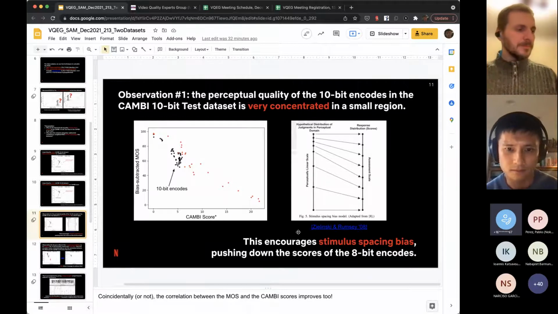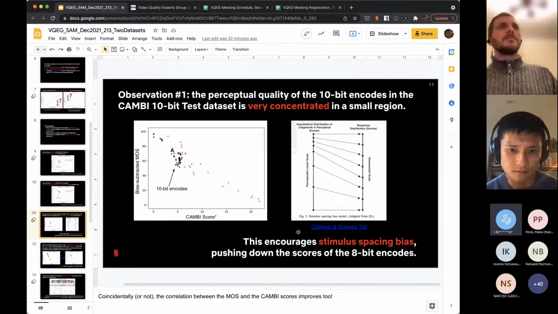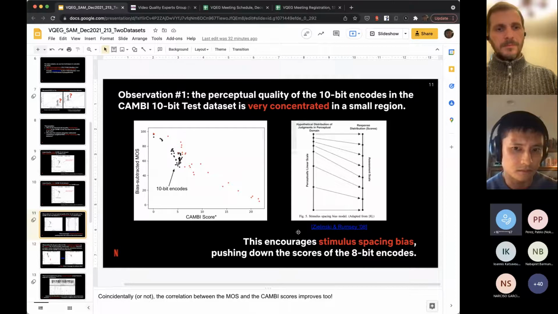I don't have an answer to your question, Z, but back to Pablo's point, I think there is a little bit of a difference between what you just described on the audio side, Pablo, and what we're seeing from Z. One is when you have a set of stimuli and you are extending the upper end, right, by adding something that was, let's say, far superior to what people have seen on another test. And I think that's very well explainable. What I see here is that we already had on the 8-bit, I did notice some red points, if I remember correctly, Z, correct me, already rated as 100, right?